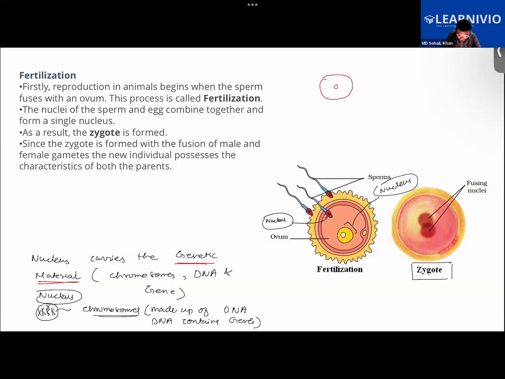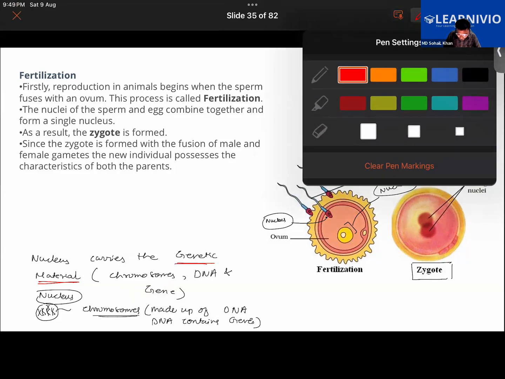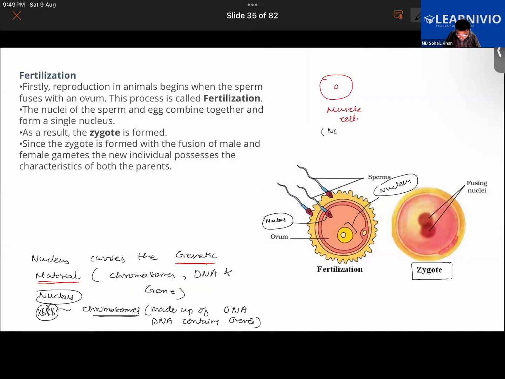Can I say a muscle cell is a non-sex cell? Yes, I can. So when you look at the nucleus of this muscle cell, it will have a total of 46 chromosomes in it. How many chromosomes will be found in it?